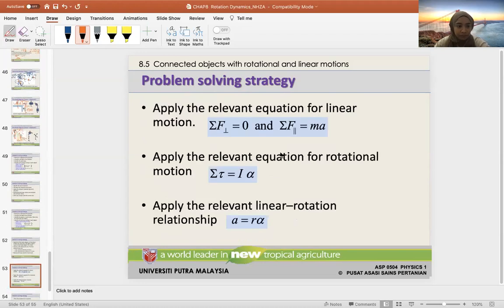Okay, so this is the condition. If it is moving, so this is net F parallel or net Fx, depending on which one is parallel, which one is not. So sometimes your Fx is equal to MA, sometimes your Fy equals to MA. We saw that in the pulley system.